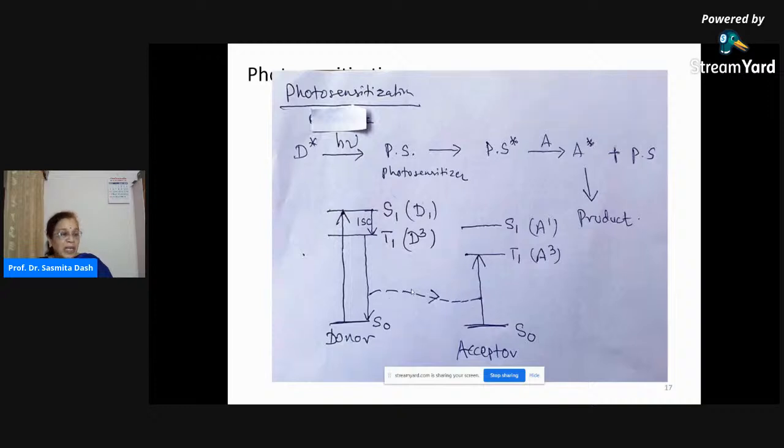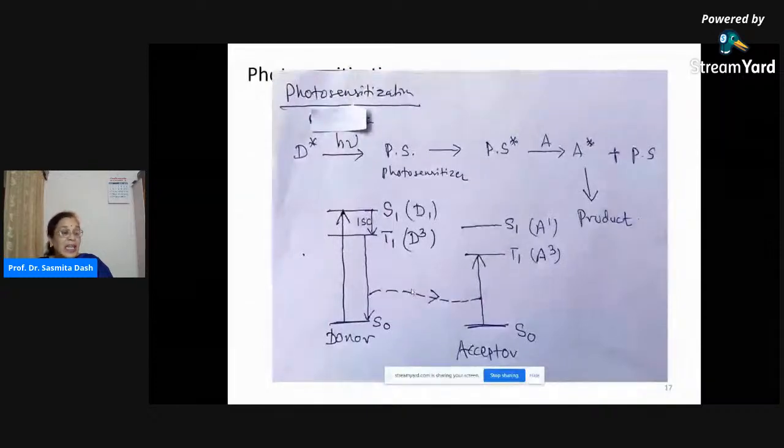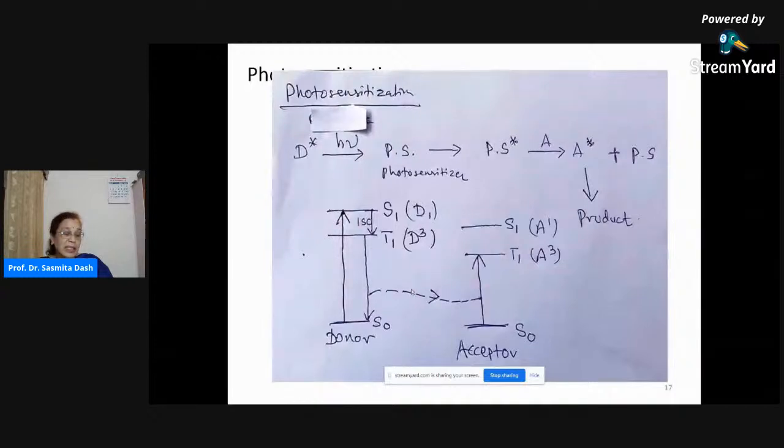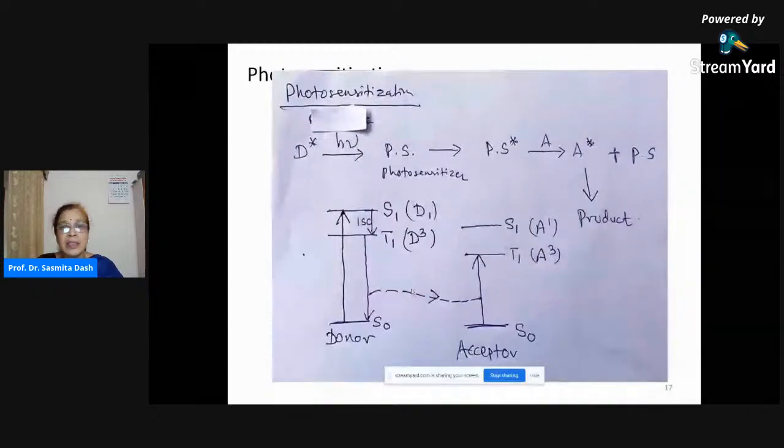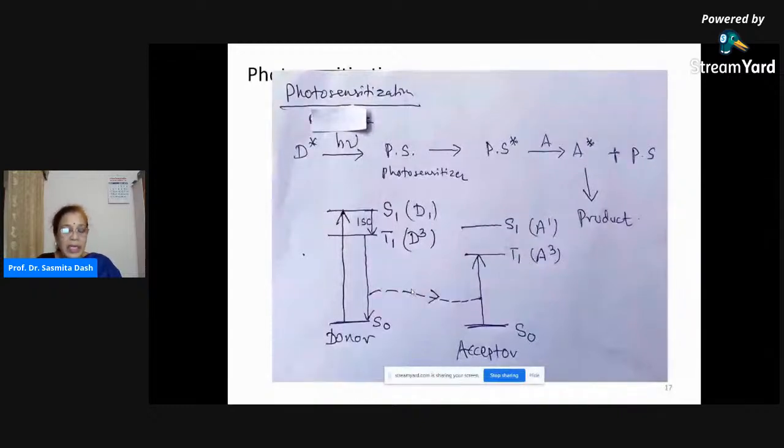It should be remembered here that the photosensitizer acts as a carrier of energy. So this carrier of energy sensitizes another molecule which does not otherwise have any photosensitivity activity and makes it photosensitized, and the photosensitizer comes back to the ground state after passing on the energy to the donor or the reactant molecule.